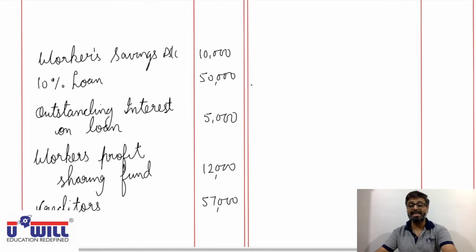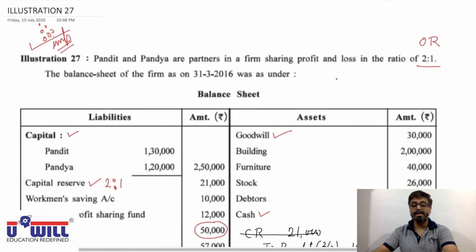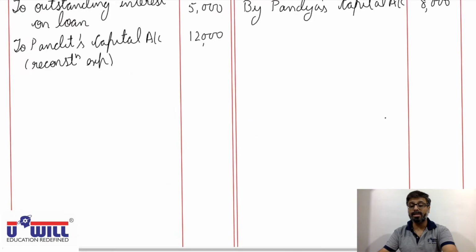So building 2 lakhs as it is. Next, furniture 40,000 as it is.